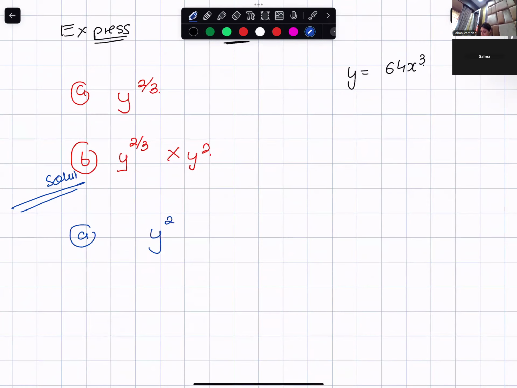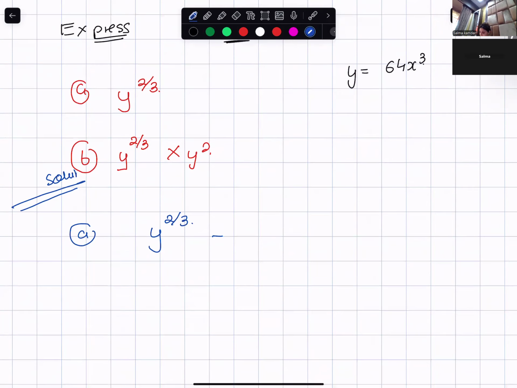y raised to 2 by 3. You're just going to substitute in place of y. You will write 64x cubed, the whole thing raised to 2 by 3. Just remember that when you're putting the law of indices, you can do one by one.